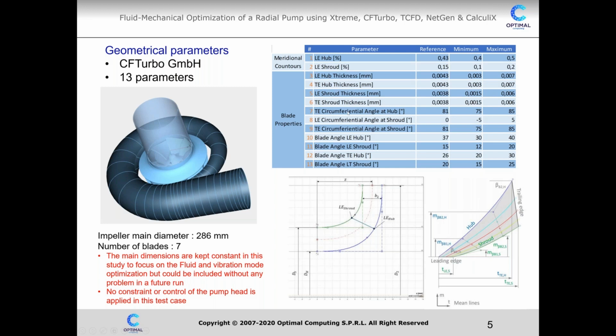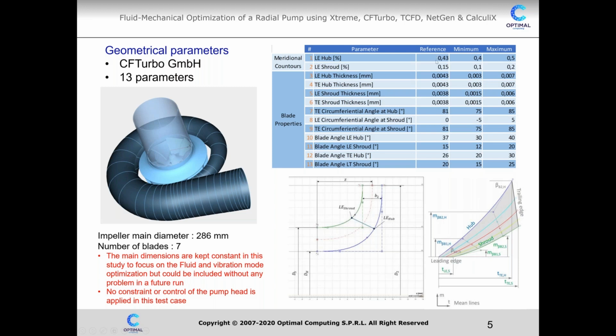You have the circumferential position of the trailing edge at hub, the leading edge at shroud, the circumferential position of the trailing edge at shroud, and also the blade angles, which are 4 angles: 2 at the leading edge hub and shroud and 2 at the trailing edge hub and shroud.